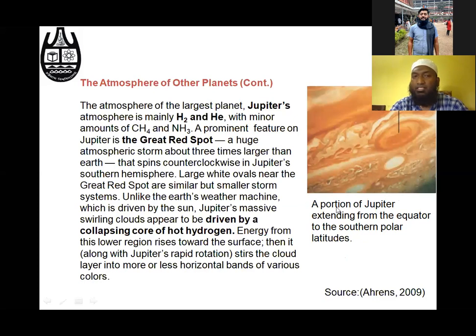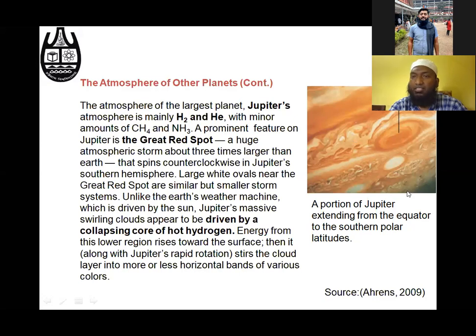In the same way, we can also discuss the atmosphere of Jupiter. Although Jupiter's atmosphere doesn't have much carbon dioxide, its main components are hydrogen and helium, with minor methane and ammonia.